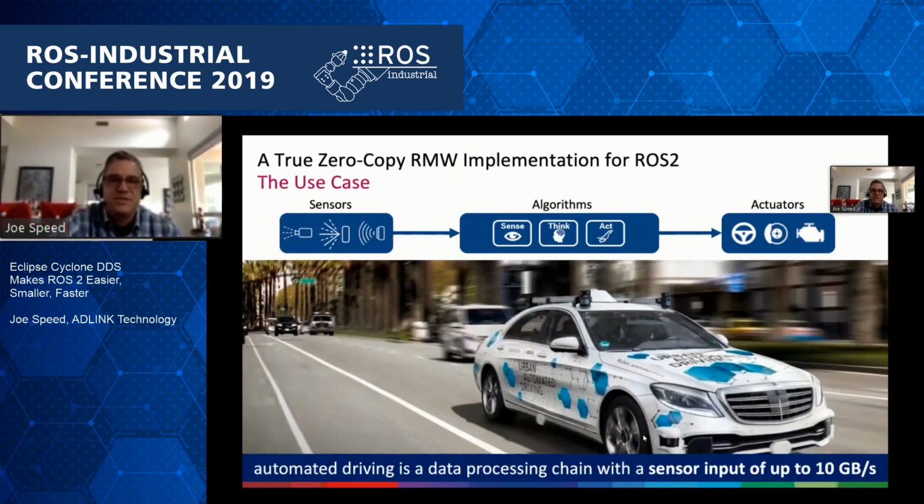So look at the use case they were dealing with: all of these sensors, your algorithms, and then your actuators, all your drive controls, with multiple algorithms and multiple processes wanting to subscribe simultaneously to these high-bandwidth sensors, like LiDAR, multiple cameras, all of these kinds of things.